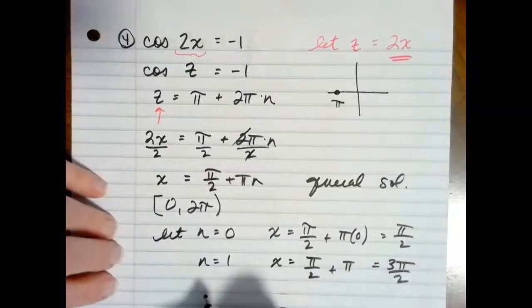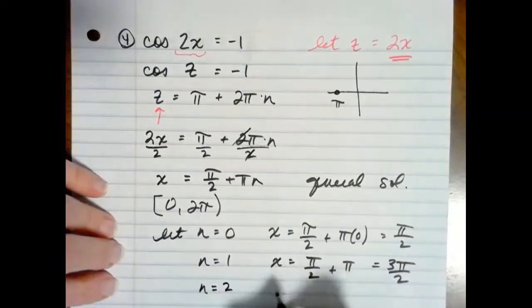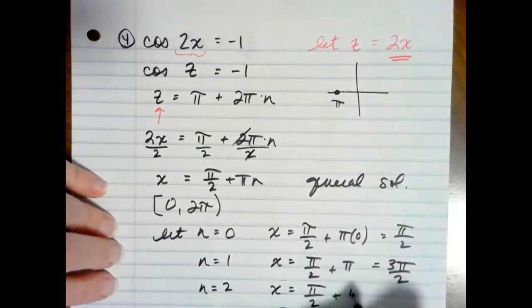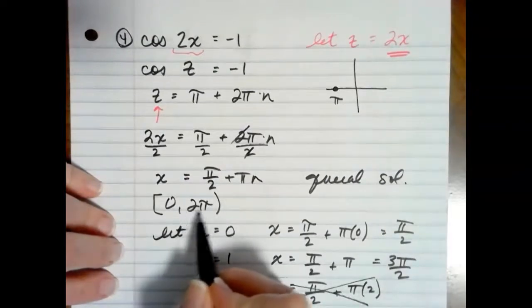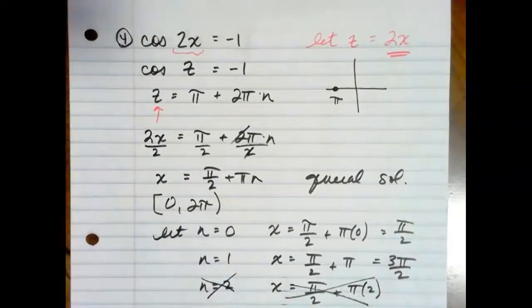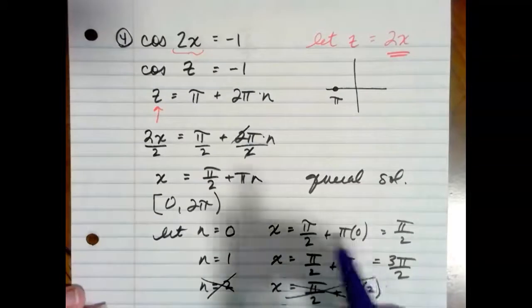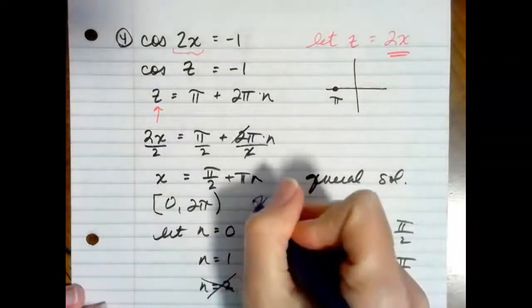And then finally, if we let n equal 2, x equals pi over 2 plus pi times 2, which of course is 2 pi, and that's 2.5 pi, which is now too big because 2.5 pi is bigger than 2 pi. So using substitution, we're able to find our specific solutions.